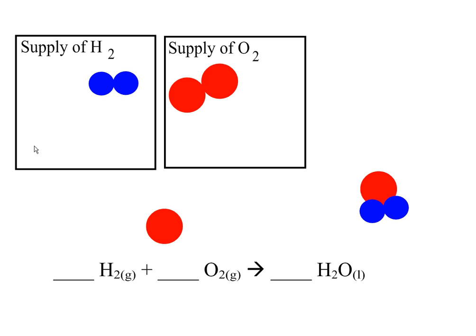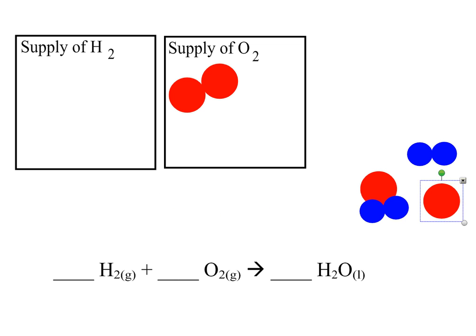But you see that we have a lone oxygen here that hasn't reacted with anything. So we're going to need another molecule of hydrogen. Bring that down, and let's bring that over as well. Bring our oxygen over, and we've now made two water molecules.